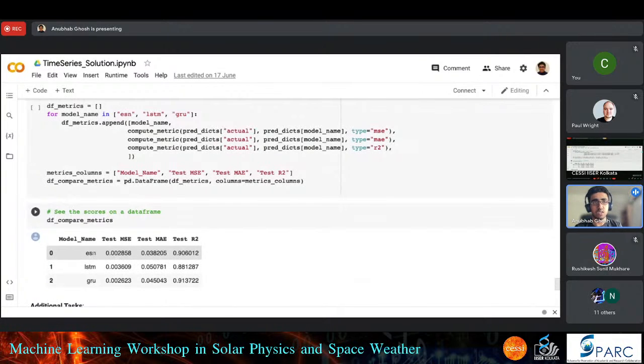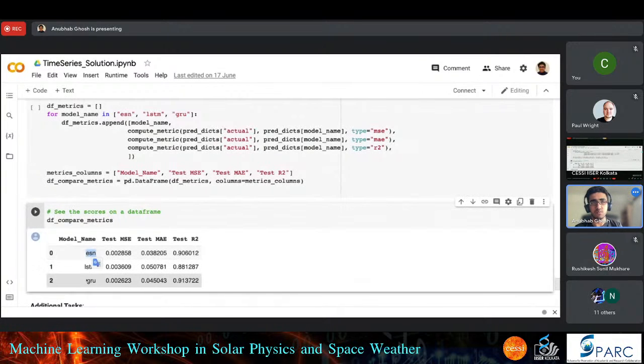But ESN is actually very comparable to GRU. So this also shows that it's not always the case that just because ESN is not a deep neural network architecture, it will not perform well. It can be a common misconception perhaps because of the simplicity of the model, but in this case, rather simple models also work quite well.